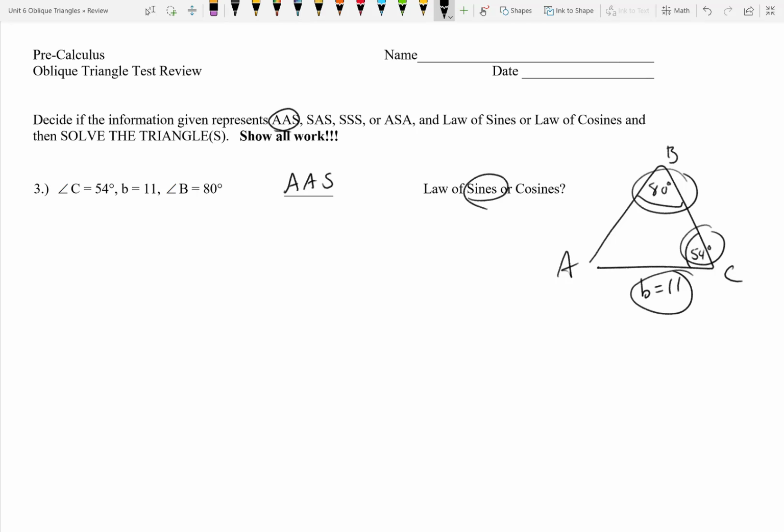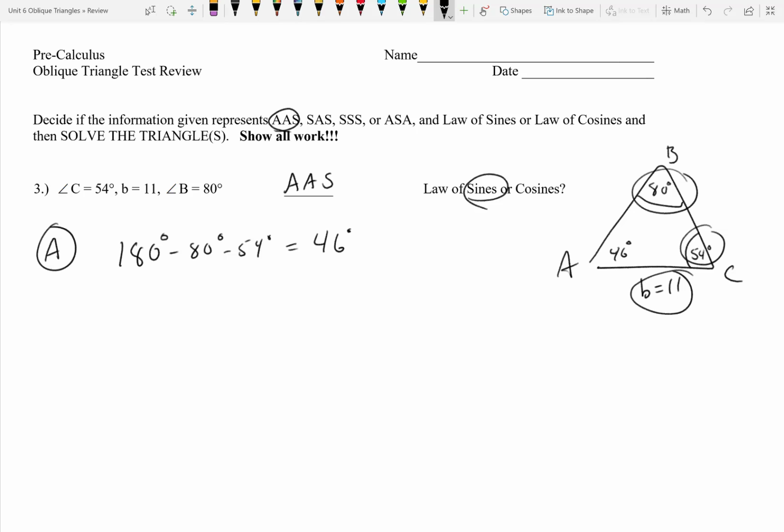Let's see. We have the pair angle B and side B. So let's go ahead and, well, we'll start with the easy part. We'll find the missing angle since we know two angles. So angle A we'll find simply by subtracting 180 minus 80 minus 54 gives us an angle measure of 46 degrees.